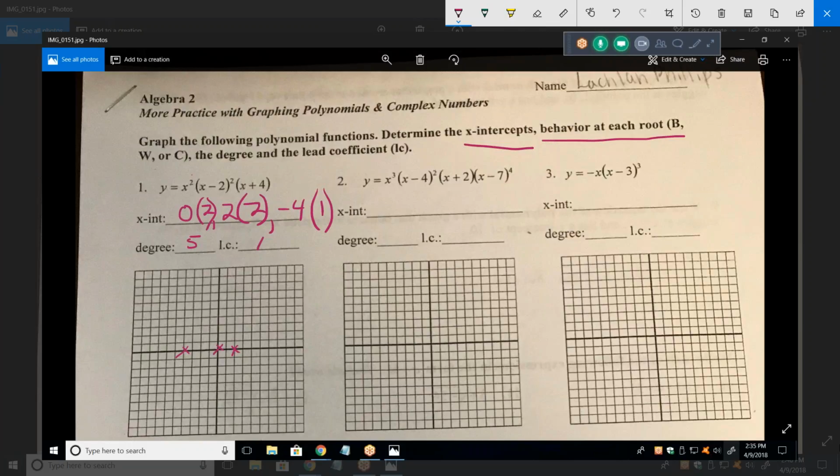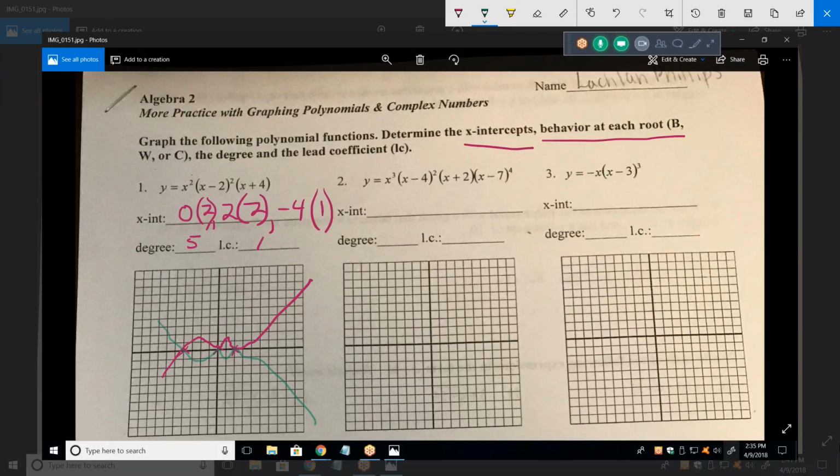First of all, I can draw one of two curves here. I know that at minus 4 it goes through the axis. So let's do that. At 0, it bounces off for sure, and at 2, it bounces off for sure. So that's one possibility. But the other possibility is starting from there, bouncing off like that.